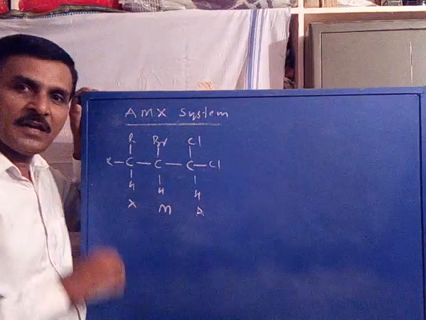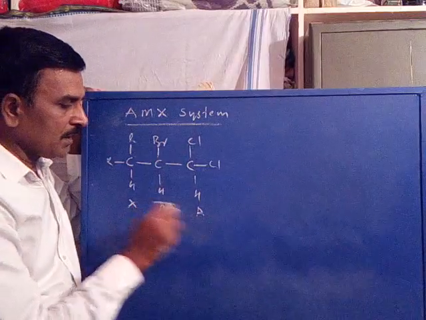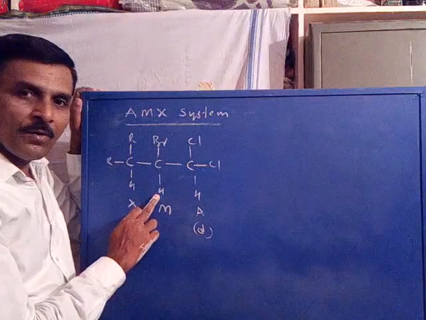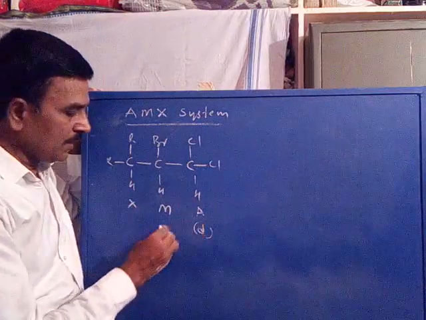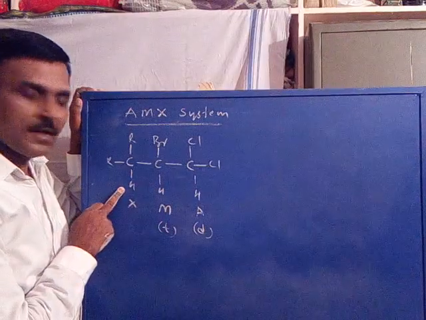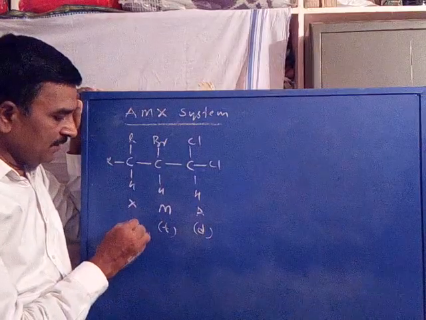Is it clear? The multiplicity: the A proton, coupled with only the middle proton, appears as a doublet. The middle proton, coupled with the X proton as well as the A proton, appears as a triplet. The X proton, coupled with only the M proton, not with the A proton, appears as a doublet.